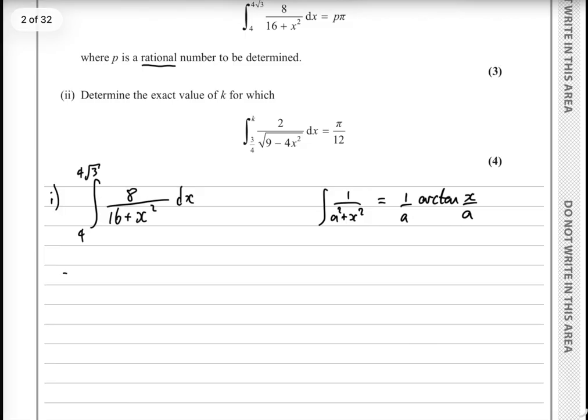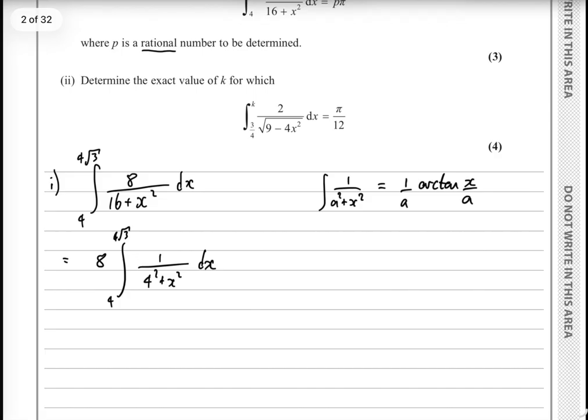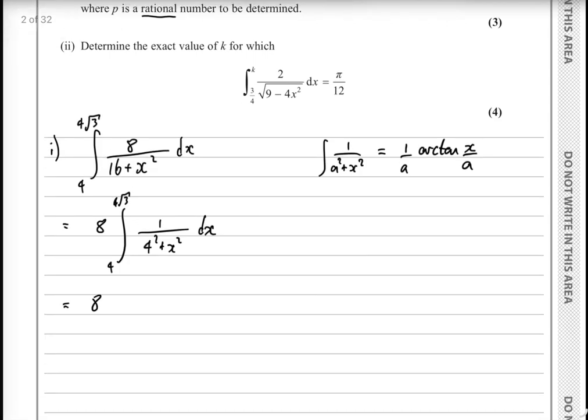So if I pull out the 8, integral from 4 to 4 root 3 of 1 over 4 squared plus x squared dx is going to give us 8 times 1 over 4 arctan of x over 4 from 4 to 4 root 3.